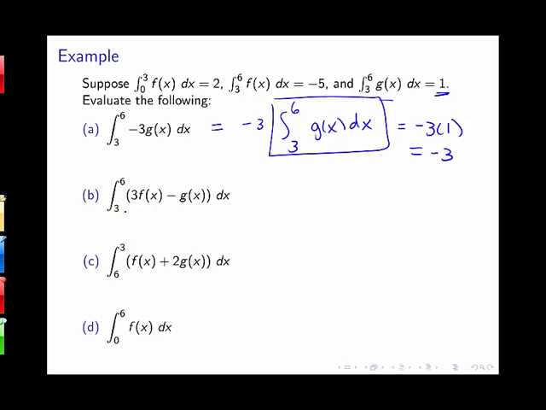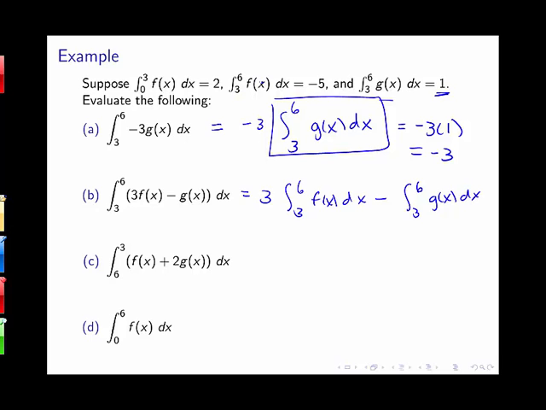In this next example, I've got the integral from 3 to 6 of 3f of x minus g of x. I know that I can break up a difference of these two functions into the integral of their difference, as well as pulling that constant out in front. So I can rewrite this as 3 times the integral from 3 to 6 of f of x dx minus the integral from 3 to 6 of g of x dx.